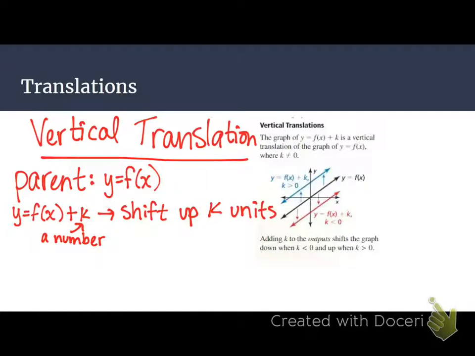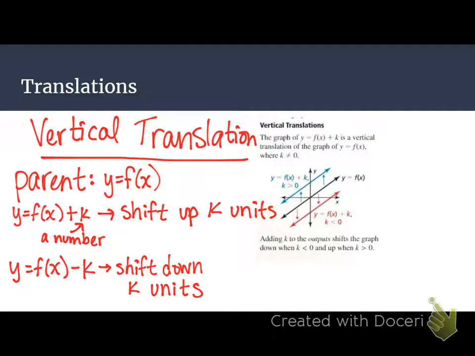What do you think happens if we subtract k outside those parentheses? It's going to shift down k units. So again, k just represents some number.